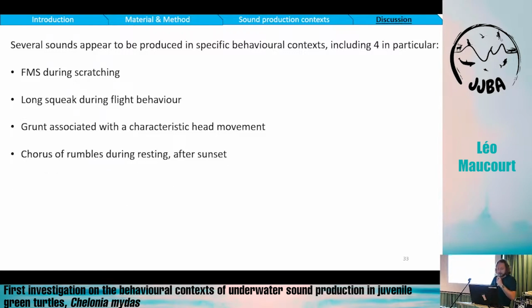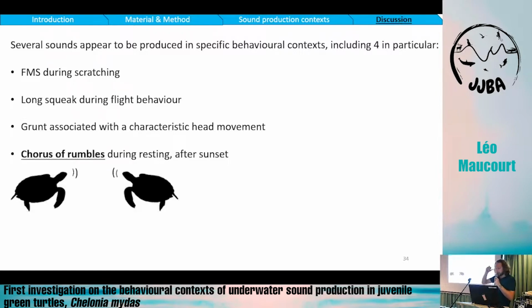And the chorus of rumble during resting after sunset. For this chorus, we have several clues indicating that rumbles were not produced by a single individual, but by several individuals close to the biologger. And so it could be maybe the first evidence of acoustic communication, but I have to work a bit more to understand it.